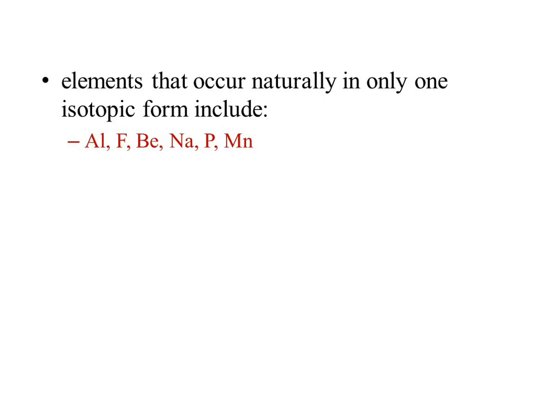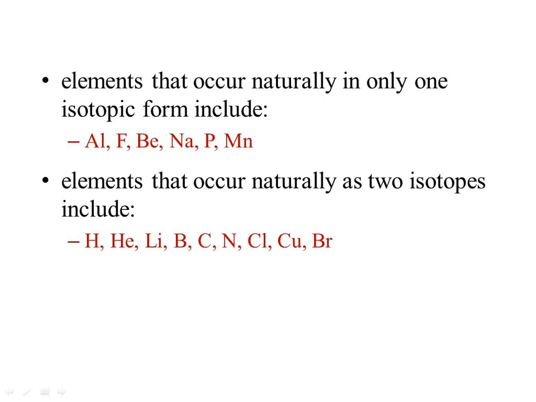So I've got a slide here to show you, just in general, these only have one isotopic form. So Mother Nature, because of the physics of the atom, actually, the number of neutrons, there's only one option. Okay, so these only have one isotopic form. These have two isotopic forms. And I didn't bring it with me, but I'll bring it because we'll still be talking about isotopes on Monday.